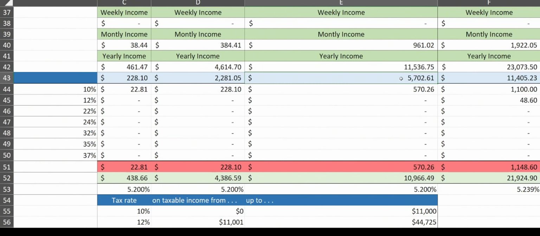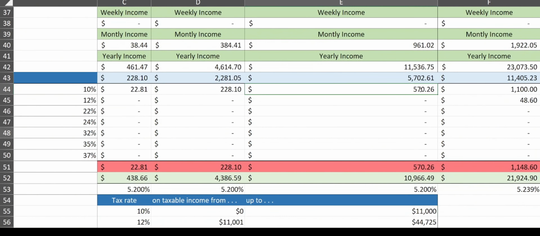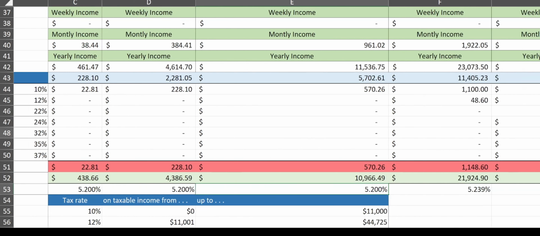Because of return of capital considerations, we're only going to have to pay taxes on $5,702.61. Because $5,700 falls within $11,000, it's only at the 10% rate. We only have to pay taxes of $570.26, and our take home after taxes is $10,966.49. That is still a 5.2% tax rate.